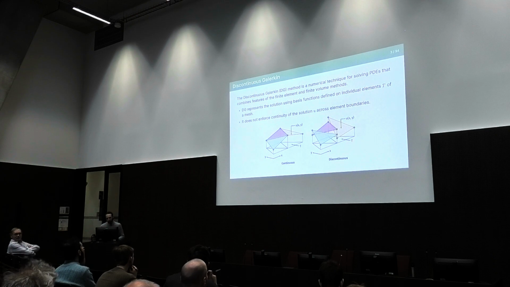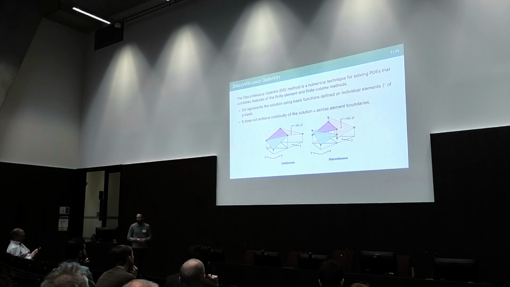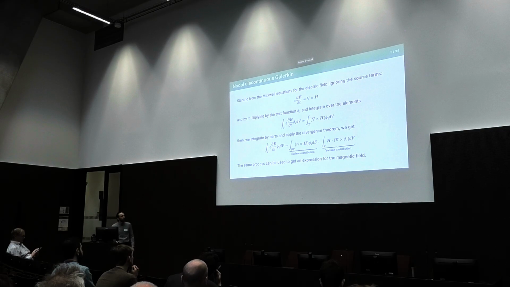We represent the solution as basis functions defined on individual elements that I call T, because in our case we use tetrahedrons, but we do not enforce continuity of the solution across boundaries. So in a continuous case, the values at the boundaries are the same, and in discontinuous Galerkin, we don't enforce the continuity of the solution.